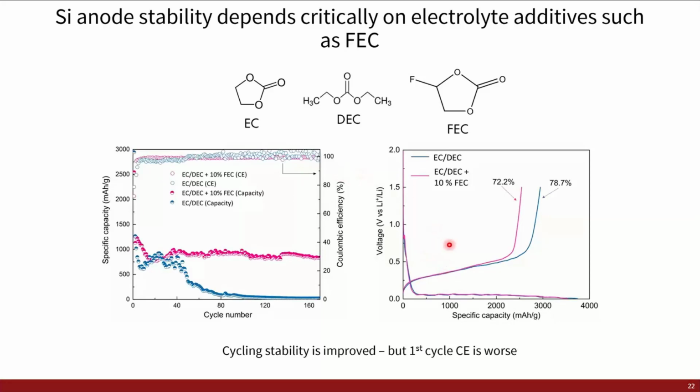But what's interesting is that by adding that 10 volume% of FEC, the first cycle efficiency of the silicon anode is generally reduced. So we can get more lithium back on the first cycle without FEC than with FEC. So that's kind of an interesting discrepancy right there. But more importantly, what we want to know is what exactly is FEC doing to the silicon anode and how does it contribute to its stability.